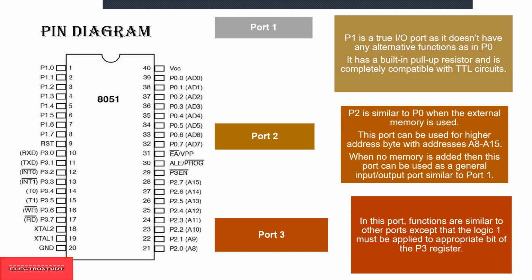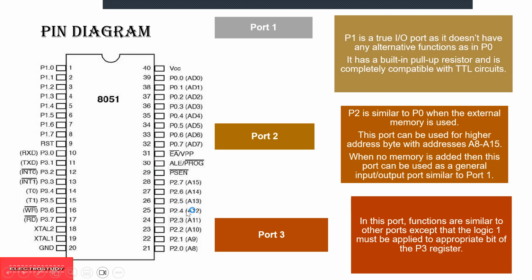In port 1, it also acts as an input and output port, but it doesn't function alternatively like P0, either as input or output. Once specified, it will continue to do the same.